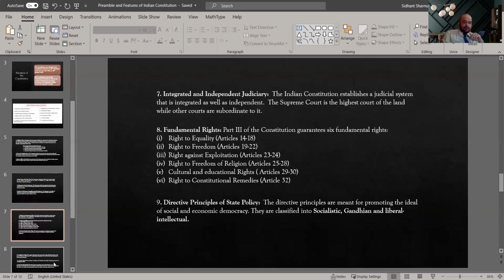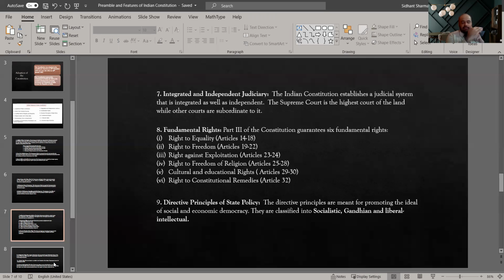Moving to the next feature of the Indian Constitution, we have an integrated and independent judiciary. Integrated judiciary means that there is a hierarchy of courts, such as district courts, high courts, and the Supreme Court.